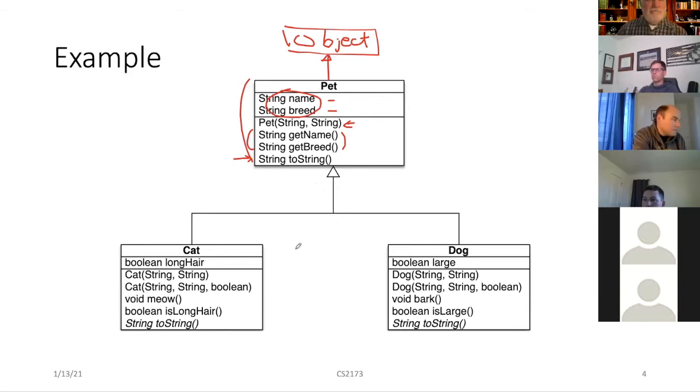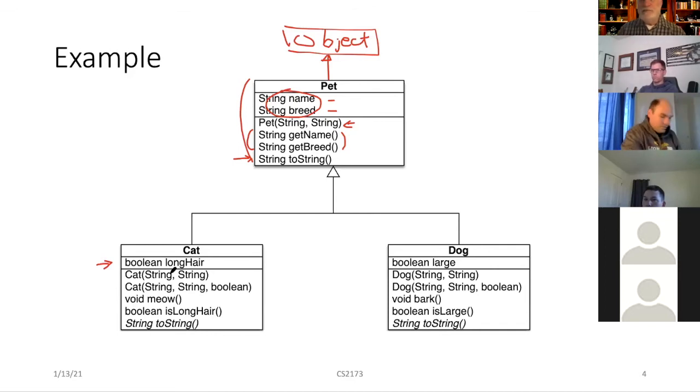But now, why do this? There are a number of reasons why you might. In the case of a cat, there are things that a cat does that other pets don't. One has to do with its instance variable. A cat will have a feature, say it's either long hair or not.